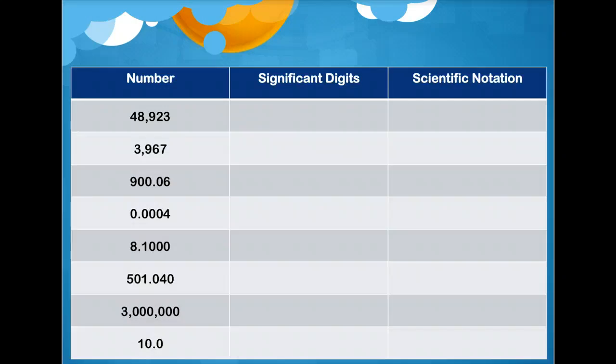Okay, here we have some numbers that we are going to see if we can find out how many significant digits there are. So let's look at this first number right here. 48923. How many significant digits do you think that number has? Pause the video.